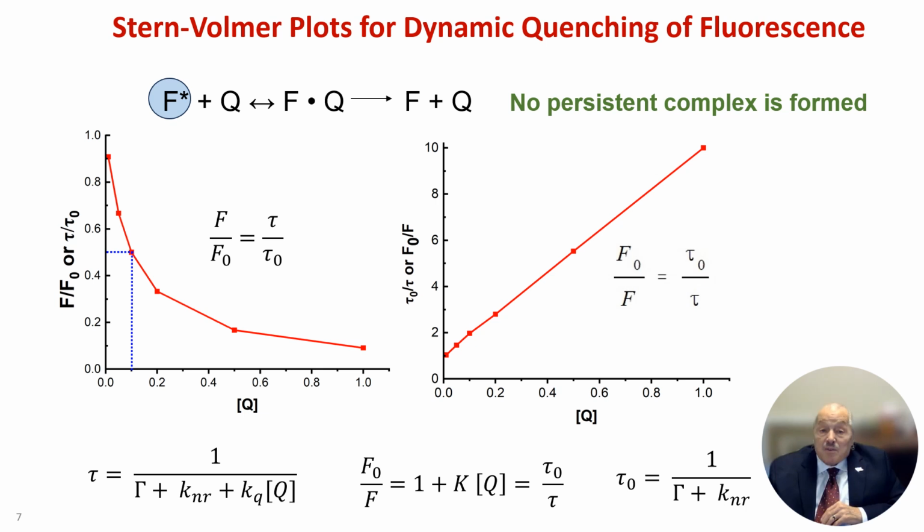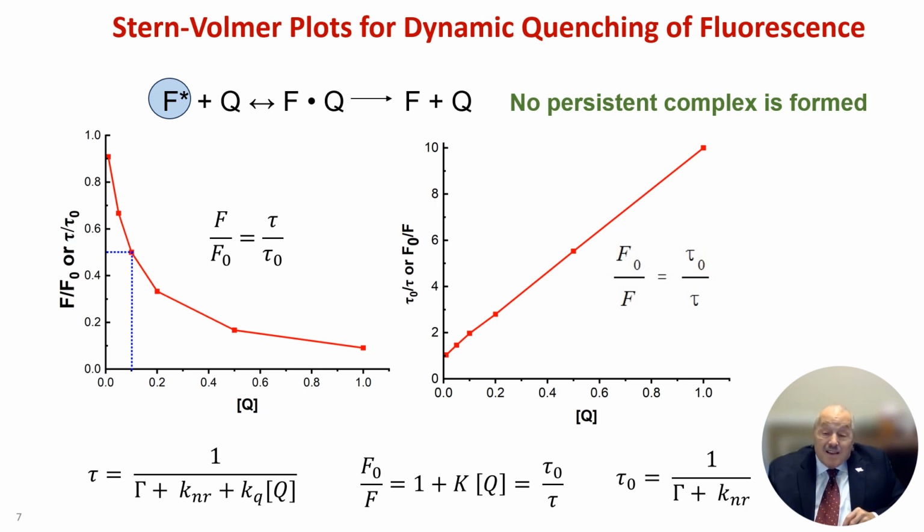The standard way of examining the data is to take advantage of the Stern-Volmer equation, in which we use the value of F naught on F, instead of the initial intensity, and we plot that versus quencher concentration. That becomes a linear plot, which for the older guys like me, we always like to have.